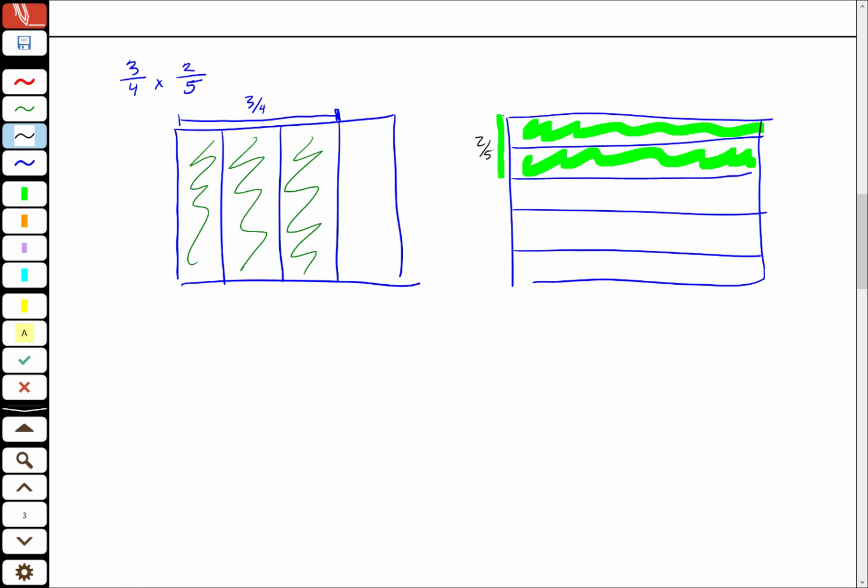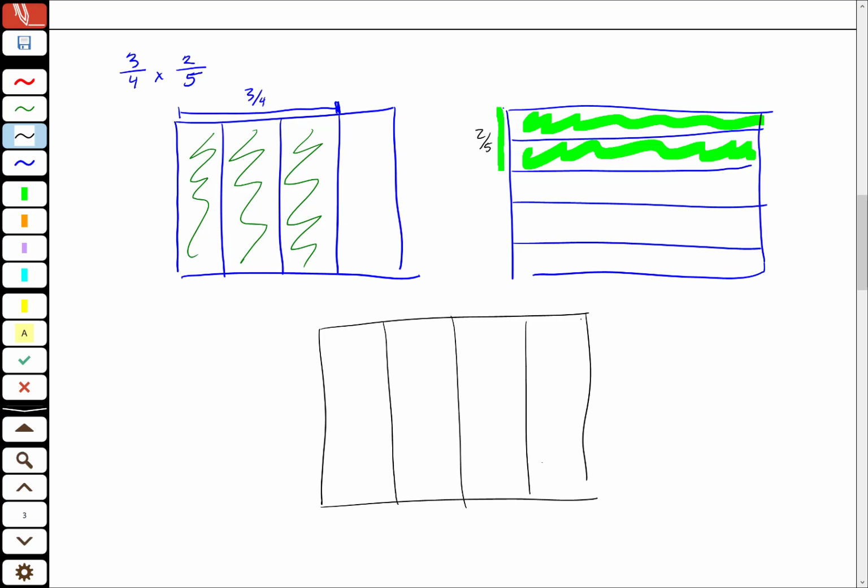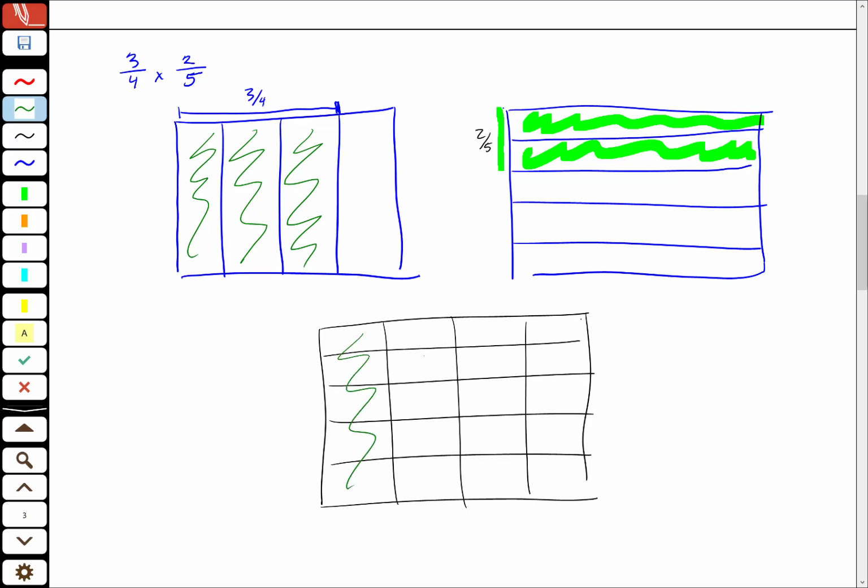Now if I lay these on top of each other, I get the double shaded picture that we have been talking about. This double shading. So 1, 2, 3, 4. 2, 3, 4, 5. And then here's my 3/4. Here's my 2/5.